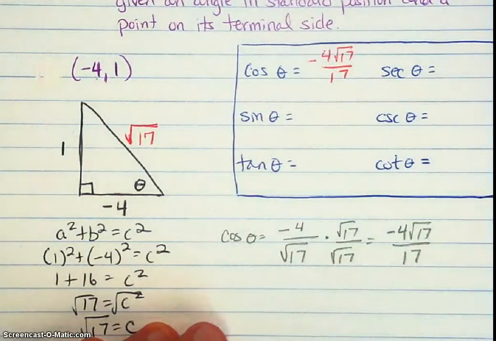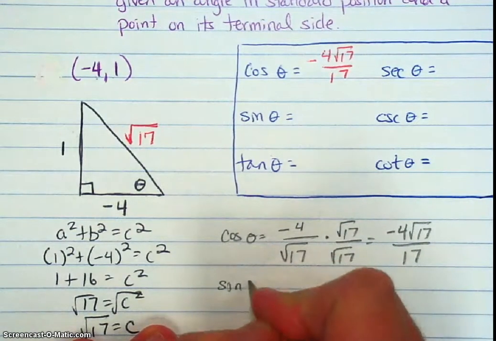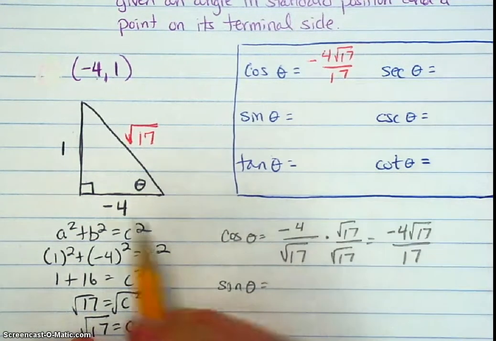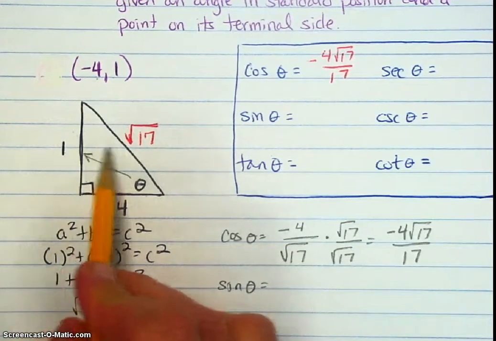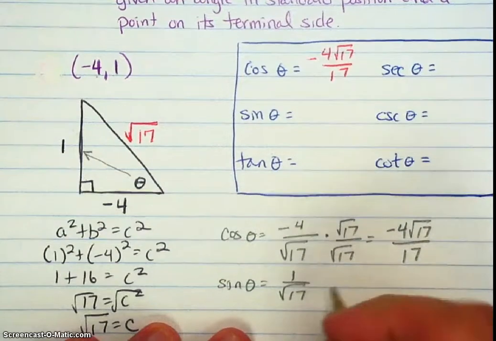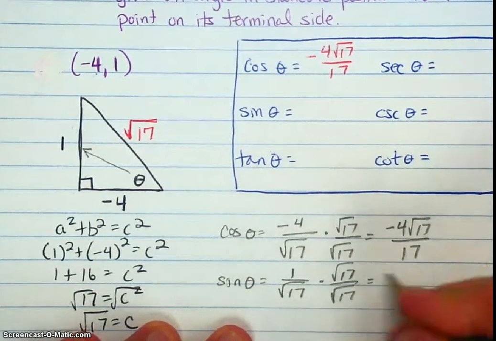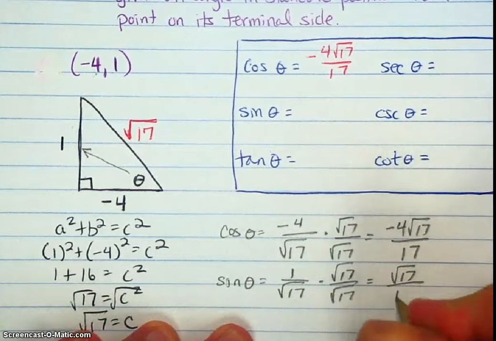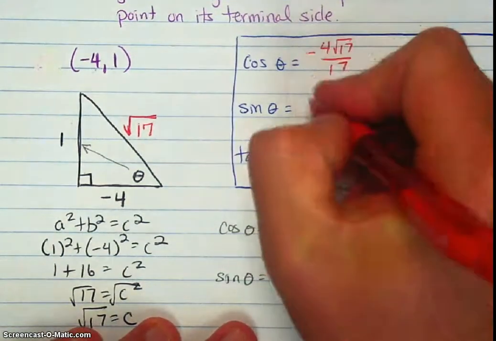Okay? Adjacent over hypotenuse. Now for the sine, I'm going to do the same thing, except I'm going to do opposite. Here's my opposite side. Opposite over hypotenuse. And here again, the radical's in the bottom, so that's not simplified. So when we multiply by radical 17, we end up with the square root of 17 over 17.